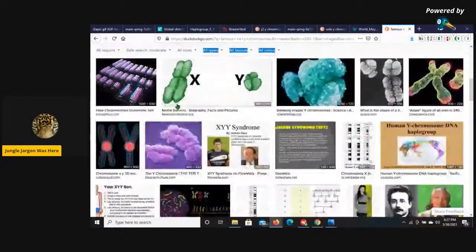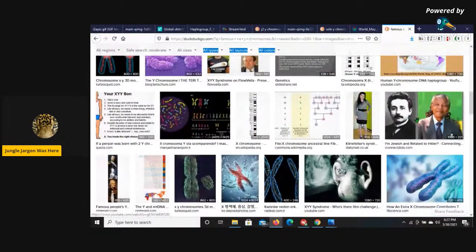Somehow this is not working. There we go. Yet Albert Einstein and Nelson Mandela have the same Y chromosome. And Desmond Tutu too.